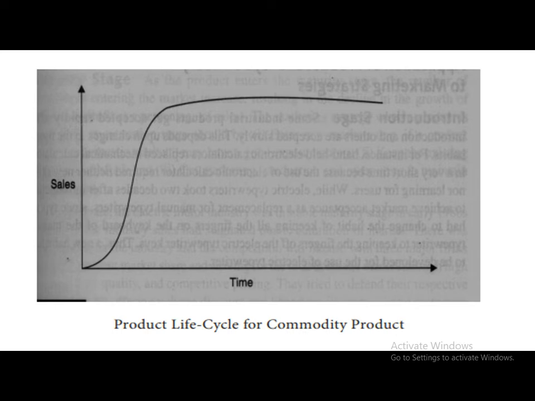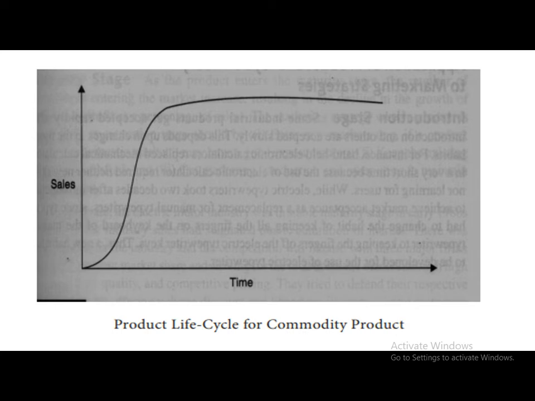Also, another point worth consideration in the product life cycle concept is that the profit from the product reaches its highest level before the sales reach their peak. Usually the growth stage brings profit.